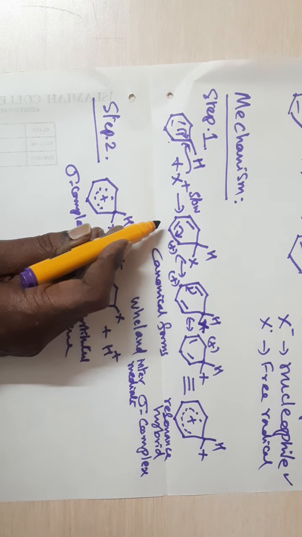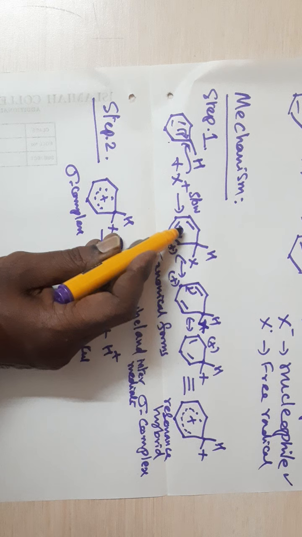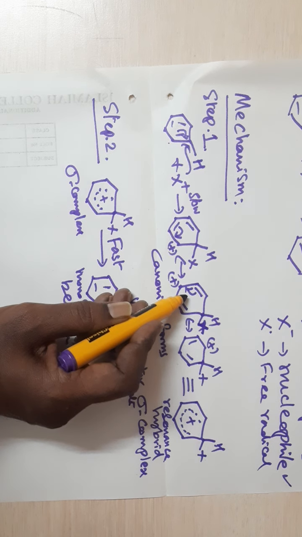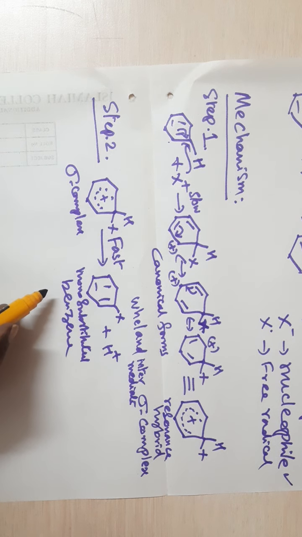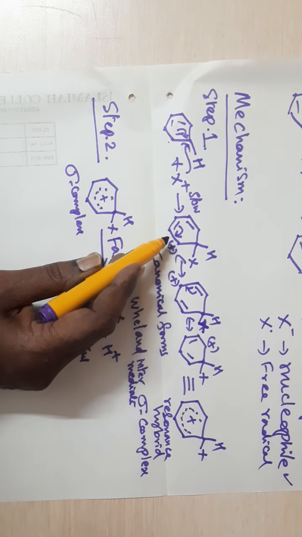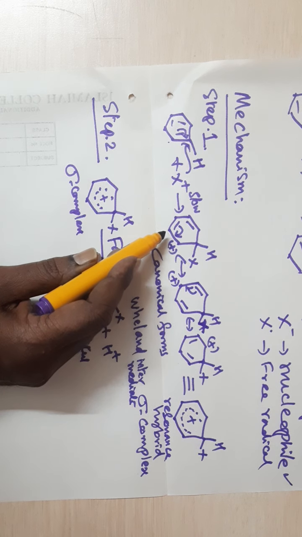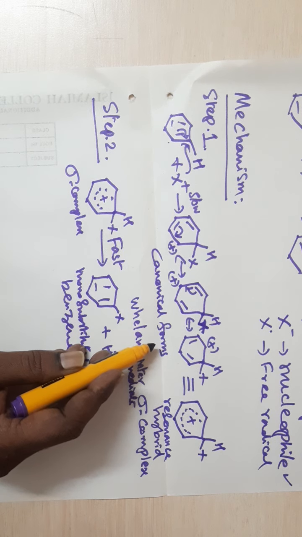The intermediate is resonance stabilized. I have explained the resonance stabilization also. See, the pi cloud can be delocalized. So the positive charge is also delocalized over the remaining 5 carbon atoms. By delocalizing the positive charge, which is in conjugation with the carbon-carbon double bond or pi system, I am able to draw 3 canonical forms.